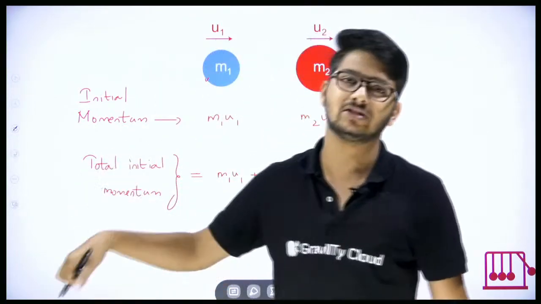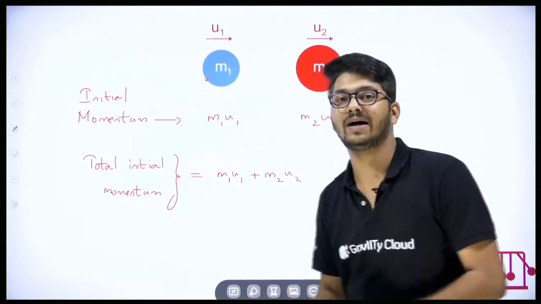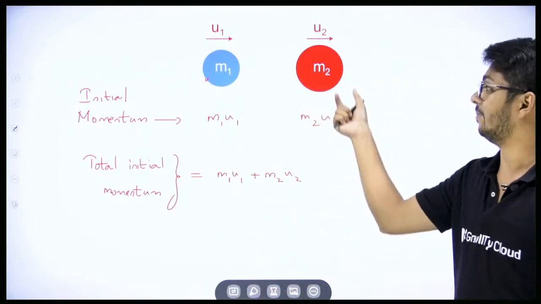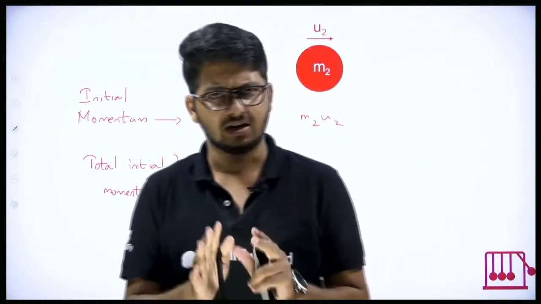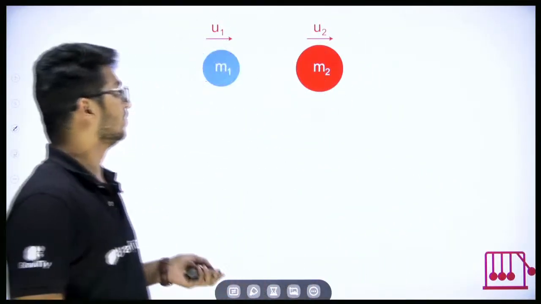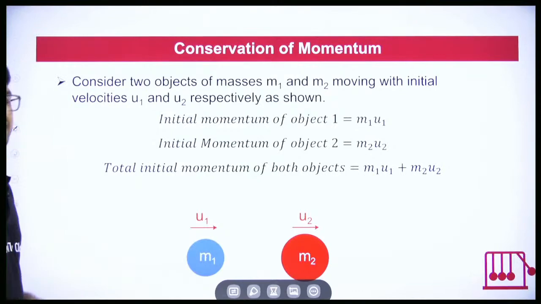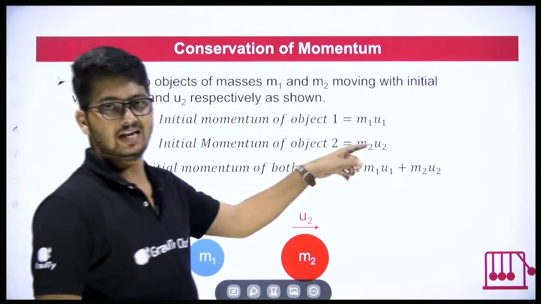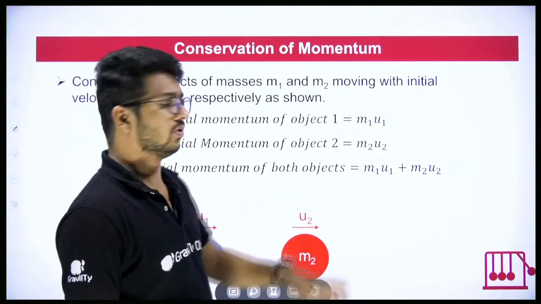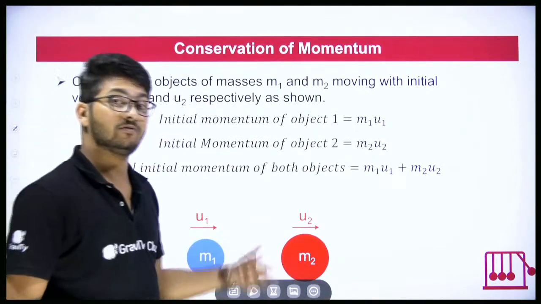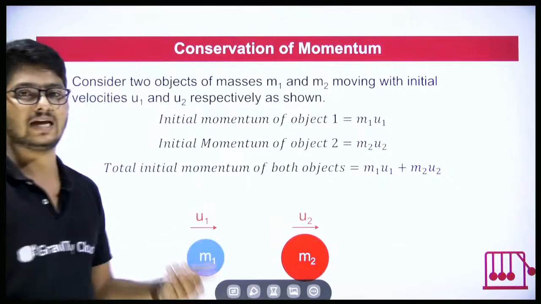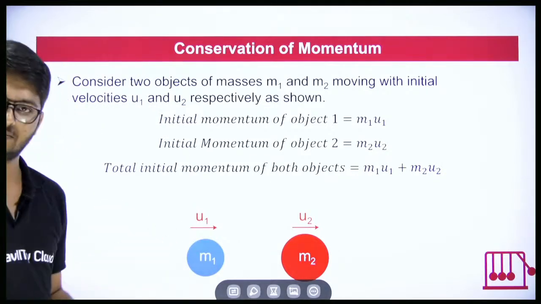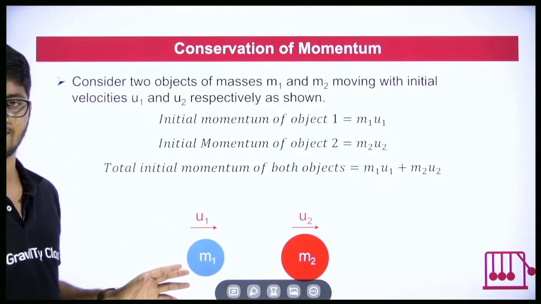When I say total, it is of the two objects combined. Simple? Clear? Good. Let's continue. So that's what we have discussed here: initial momentum of object 1 is m1 u1, of object 2 is m2 u2, and the total initial momentum of both objects is m1 u1 plus m2 u2. All the steps that we will be discussing will be written, so you can go through them.